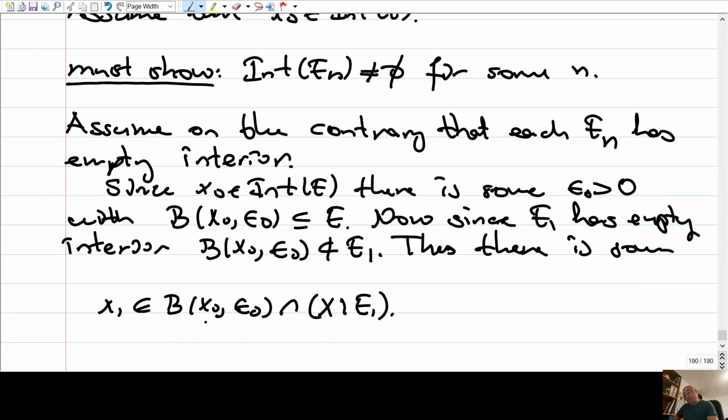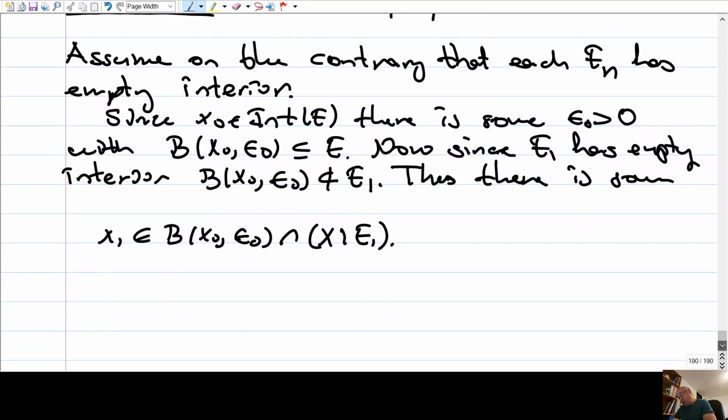However, you see, this is an open set and E1 is closed, so therefore X minus E1 is open. And since the ball is also open, the intersection is open.